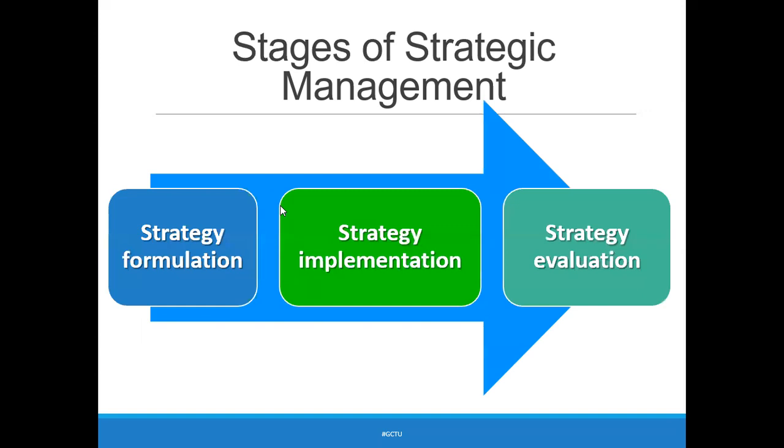The stages of strategic management. The strategic management process consists of 3 key stages, including strategy formulation, strategy implementation, and strategy evaluation.